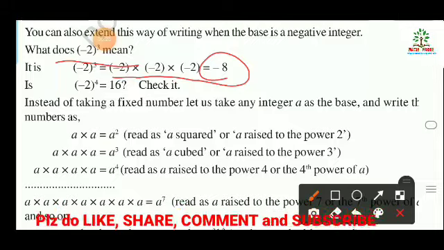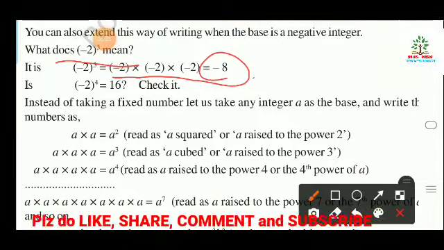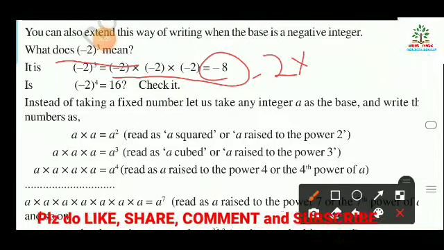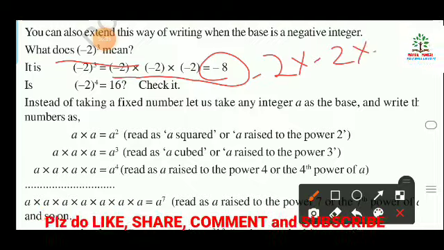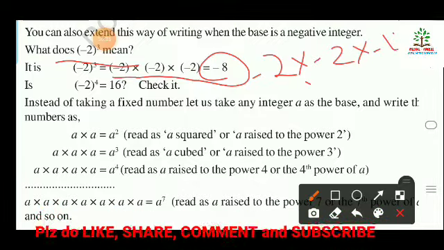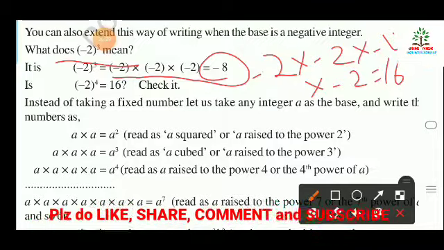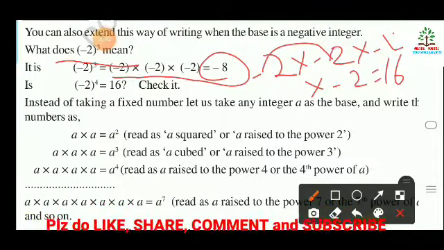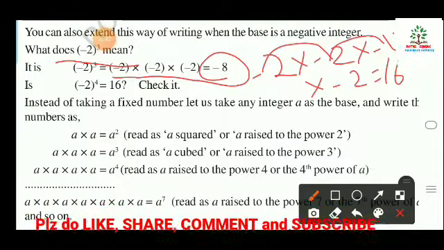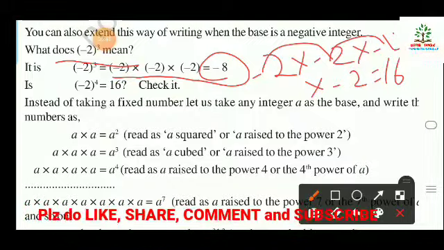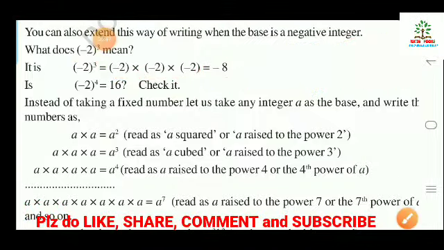Or if we say minus 2 raised to power 4, which means minus 2 into minus 2 into minus 2 into minus 2, which is equal to 16, because minus 2 into minus 2 is plus 4, plus 4 into minus 2 is minus 8, minus 8 into minus 2 is 16. So 16 is the answer here.